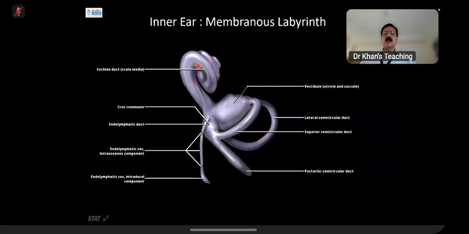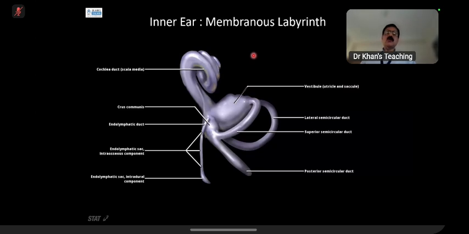But you should have a general idea that this is the cochlea and how the cochlea looks like on a CT scan, and this is the vestibule, which is made up of utricle and saccule. This is the superior semicircular canal, the lateral semicircular canal, and the posterior semicircular canal. So this is what we call the membranous labyrinth.